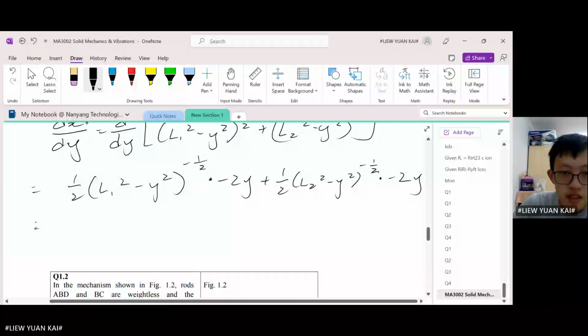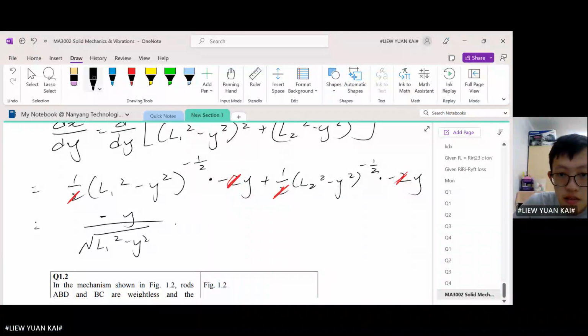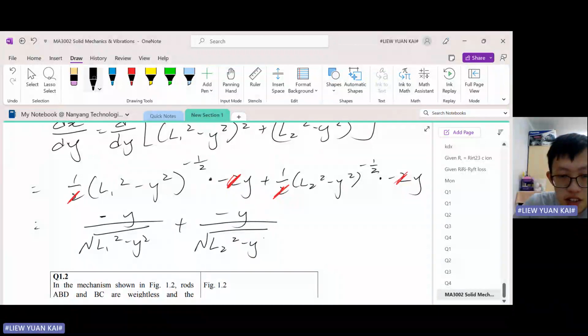So if you simplify this, this 2 and 2 can cancel, this 2 and 2 can cancel. What you're left with is negative y over root L1 squared minus y squared plus negative y over root L2 squared minus y squared.